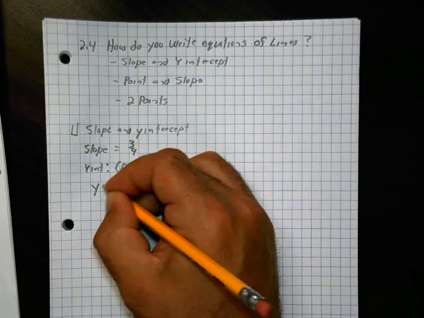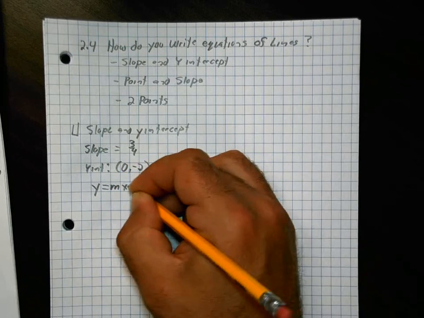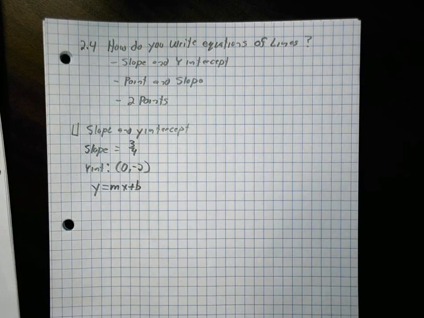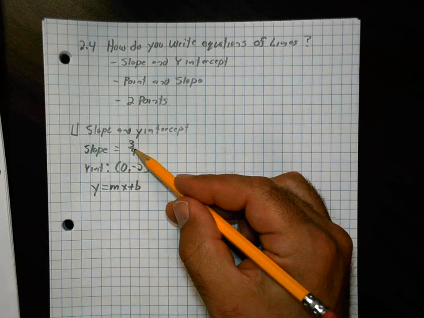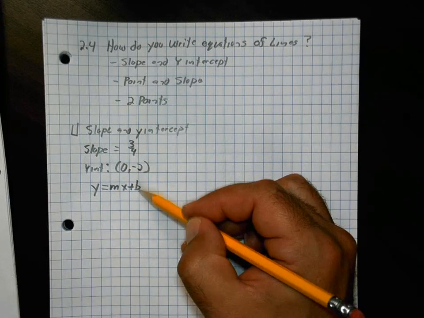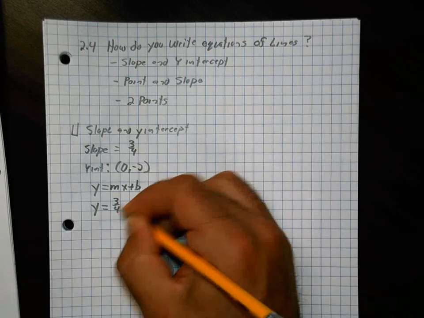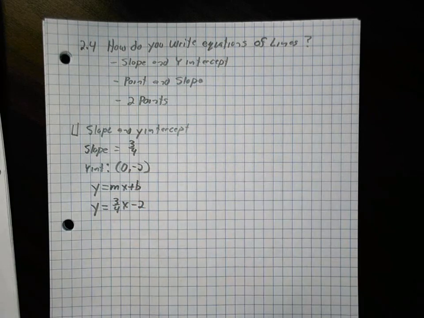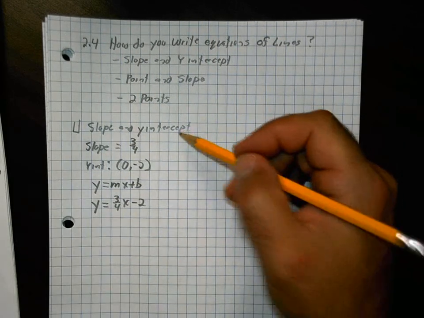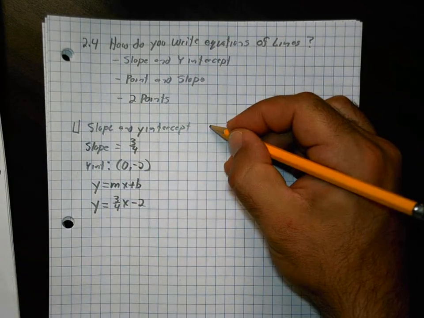Well, if y equals mx plus b is my standard form, the slope is the m, the y-intercept is the b, so the equation is y equals 3/4 x minus 2. And that's it. Pretty straightforward.